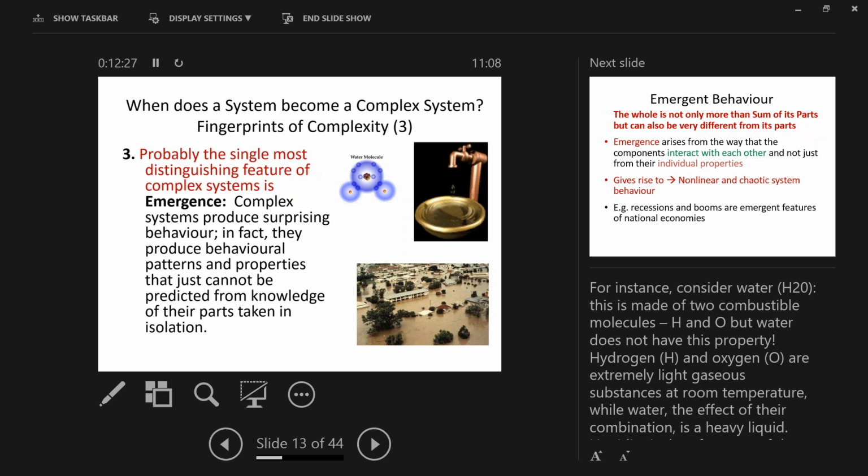There are huge numbers of examples, but the one I have taken here is the water molecule. Water molecule, we know, is two hydrogen, one oxygen, H2O. On its own, hydrogen and oxygen are perhaps gaseous, perhaps not useful elements, but they come together, form water, and we all know the power of hydrodynamics.